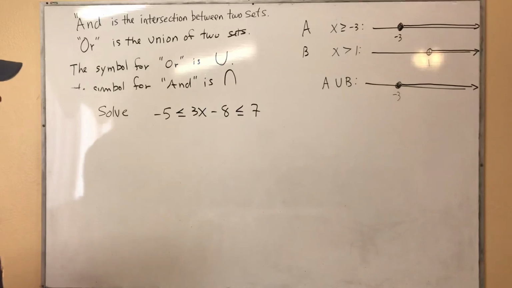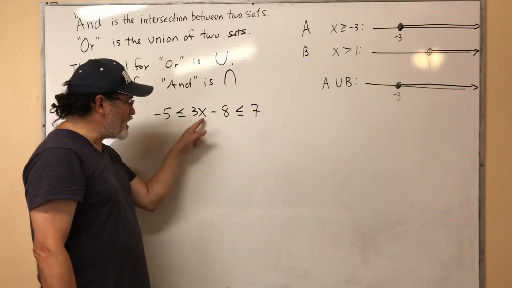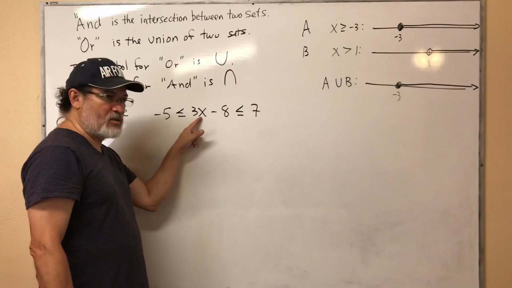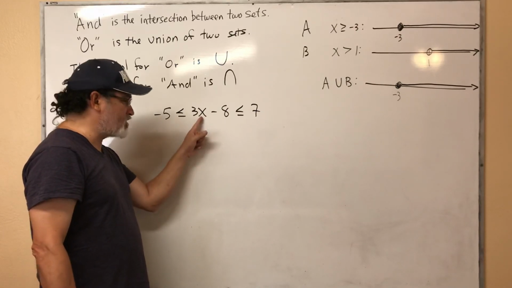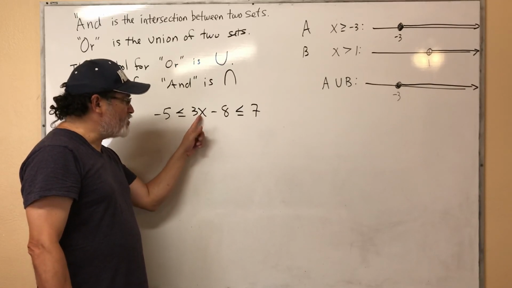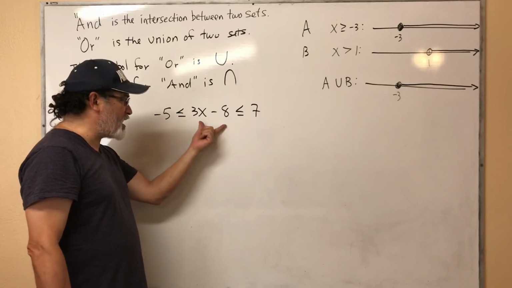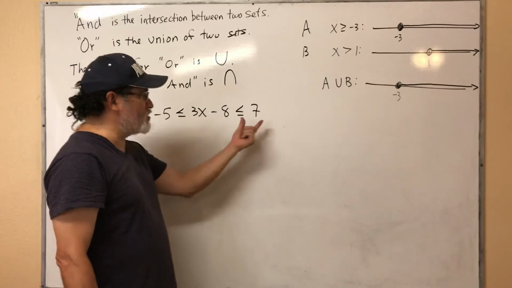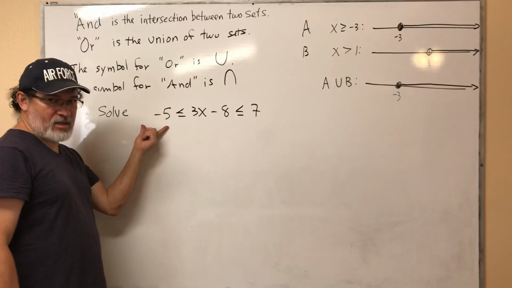Okay, no problem. You see the middle side right there in the middle? That's where the x is. You need to simplify this. You need to isolate x by itself. To isolate x, you better add 8 to this side. But if you add 8 to this side, you better add 8 to the right-hand side, and you better add 8 to the left-hand side.